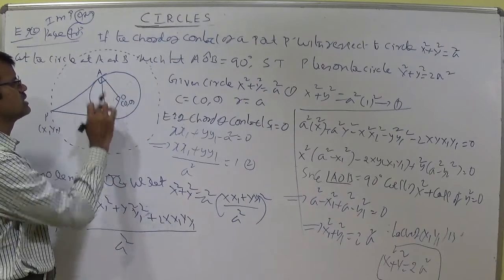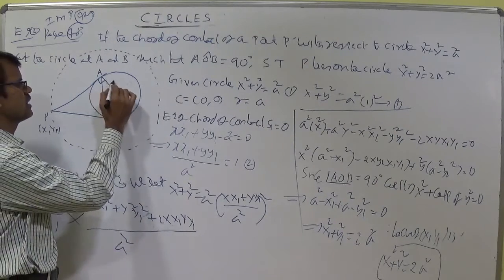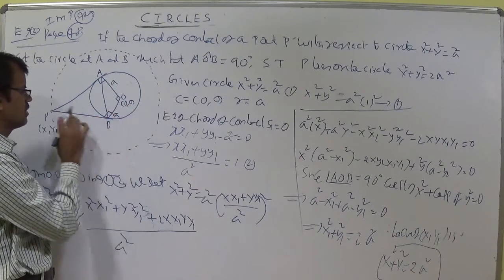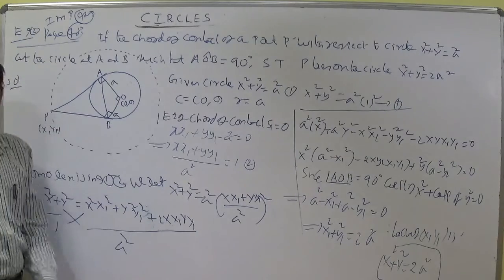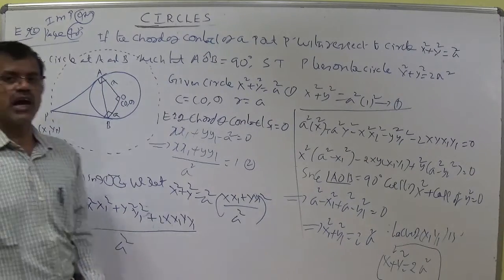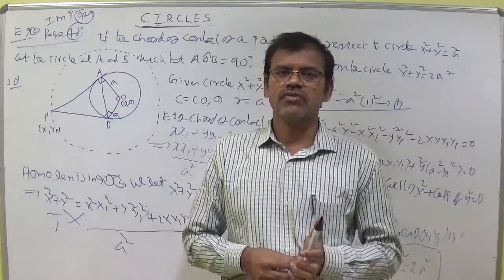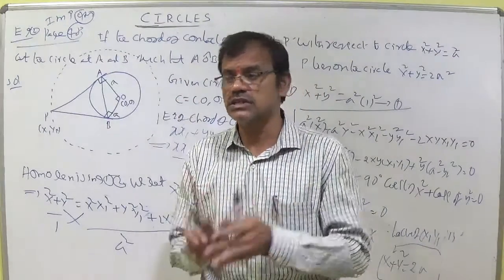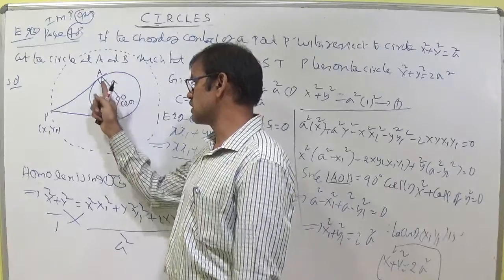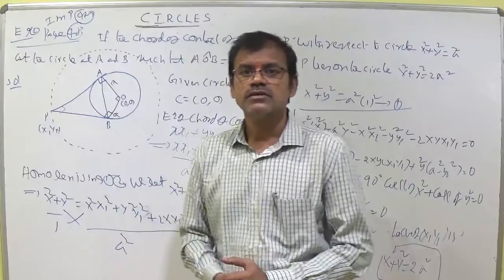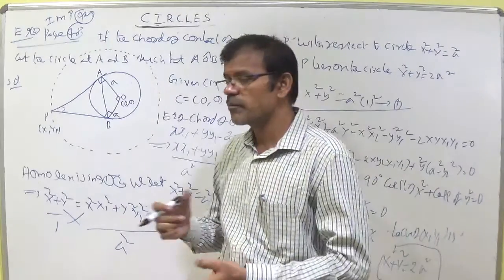We know that the angle in a semicircle is 90, so with radius a, this is 90 and this is 90. Fully, this is a quadrilateral. The sum of angles in a quadrilateral is 360 degrees. This is 90, this is 90, this is 90, so this should be 90.